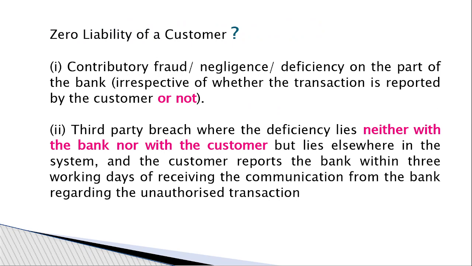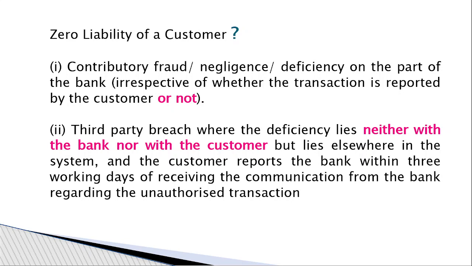So in these situations, for any unauthorized transaction, what is the customer liability? Means, what is the loss for the customer? You have two types. One is zero liability, which means if any unauthorized transaction happens, the bank will reverse the amount, with zero liability to the customer. But in some cases, there will be liability for the customers.